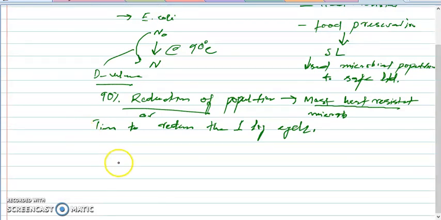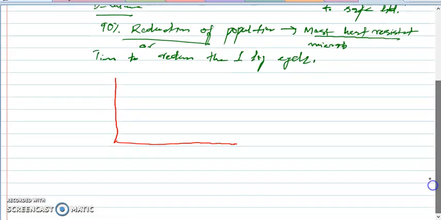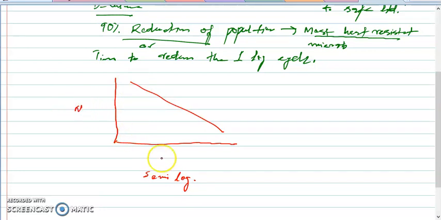So let us understand this from this graph. This is a semi-log graph between the population N and time t. Suppose, for example, the initial population is 1000.